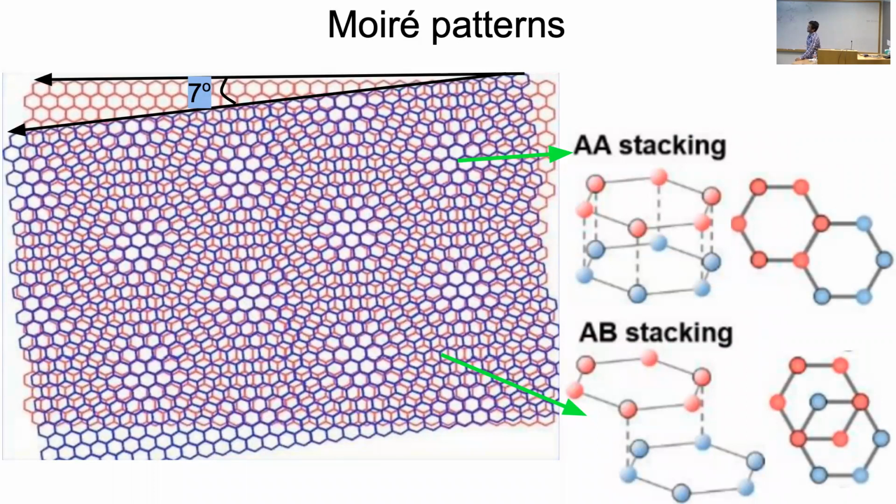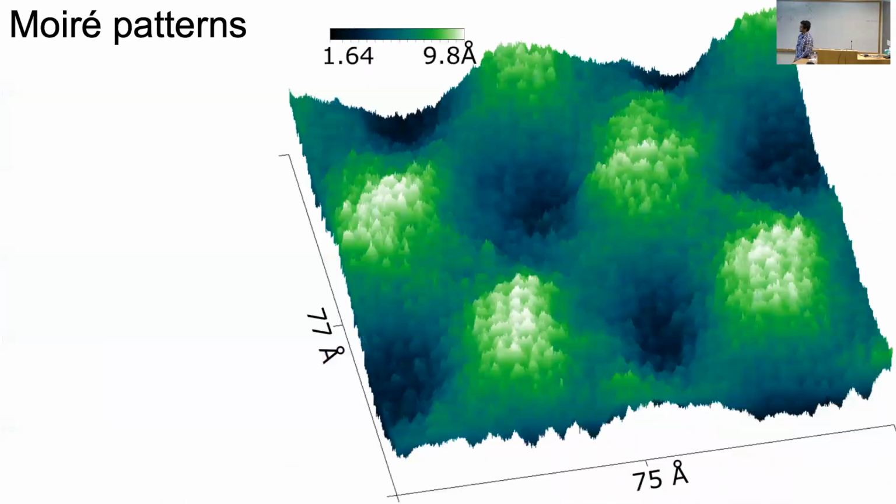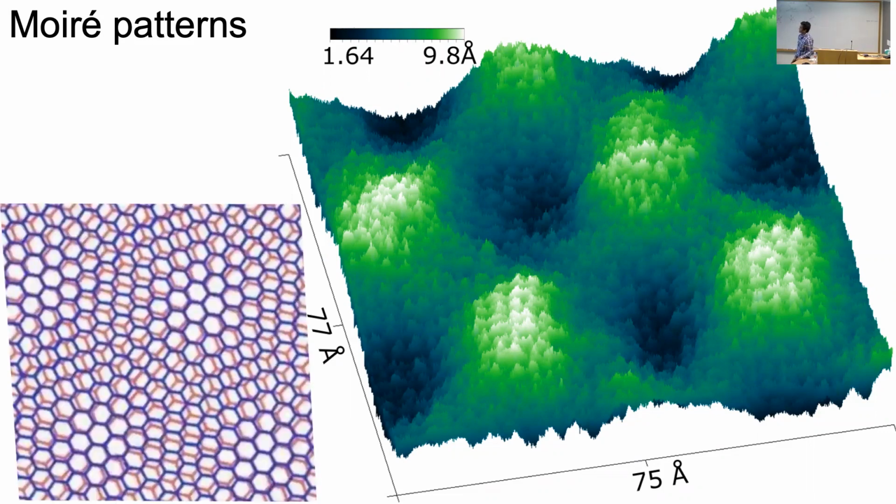So it turns out that moire patterns are also found commonly on graphite surfaces. And this is a 3-dimensional image of a moire pattern that I found on a graphite surface. And this is at 4 degrees. Each of these individual dots that you see are individual carbon atoms. So the hilly regions are called the AA domains.